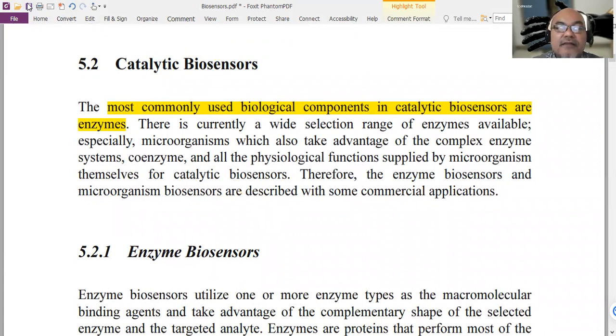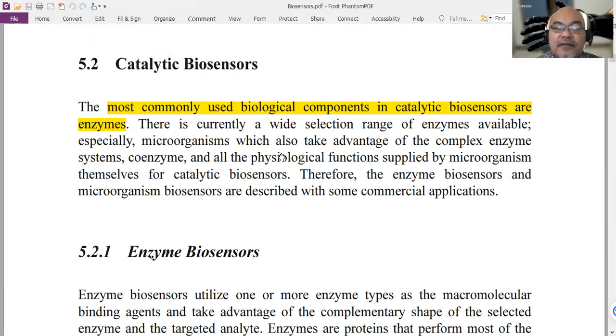The most common one in the biosensor world is glucose oxidase, because the glucose sensor is one of the earliest biosensors developed and marketed. It is quite common that you can find a glucose biosensor when you go to pharmacies, to apotheke, to Dr. Watson or Guardian, like that.